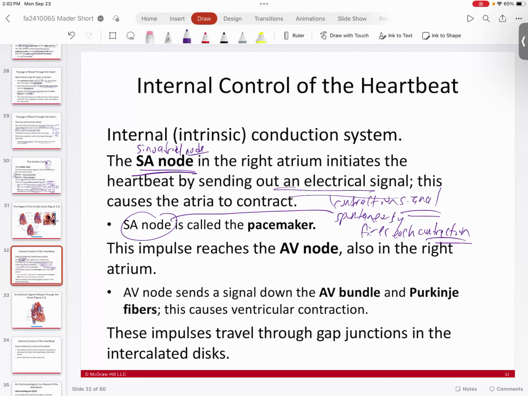And generally speaking, in the absence of that signal from your brain, your muscles will not contract. Now, this is a little bit different because the muscles are contracting, but the signal doesn't come from the nervous system. There is no nerve from your brain or your spinal cord telling your heart muscles to contract.